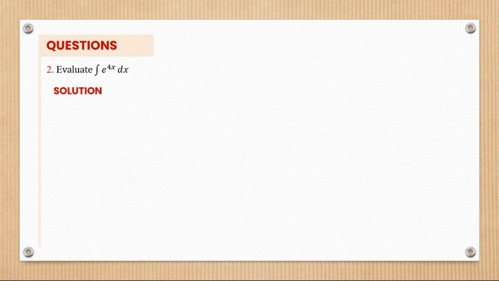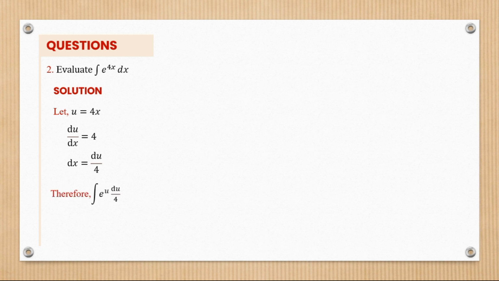Alright, let's look at another number to understand this even better. How about if you're told to evaluate the integral of e power 4x? What answer do we get when we integrate this? As you can see, u-substitution is going to be very helpful. We're going to let u represent the power 4x, and then du/dx is equal to 4, and if we make dx the subject, dx shall be equal to du over 4.